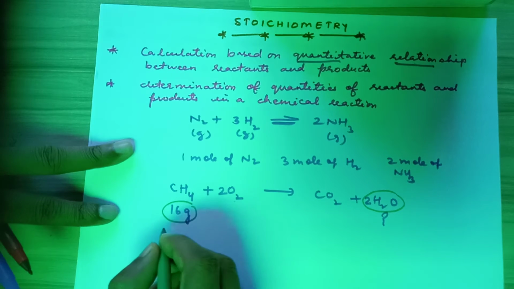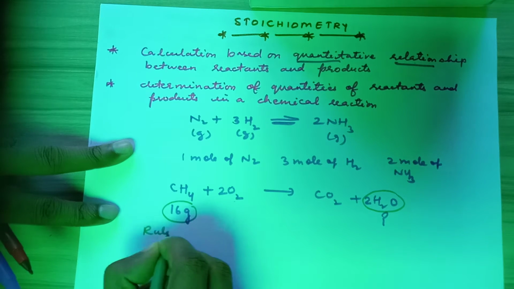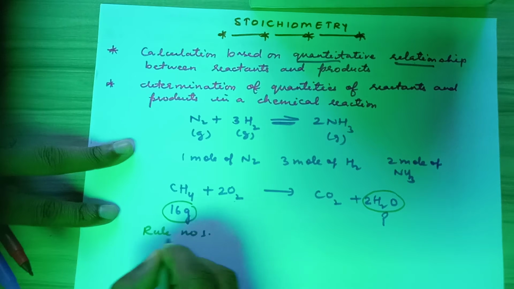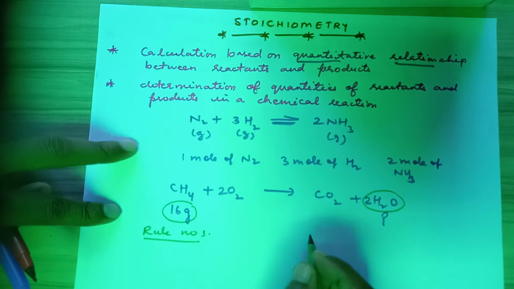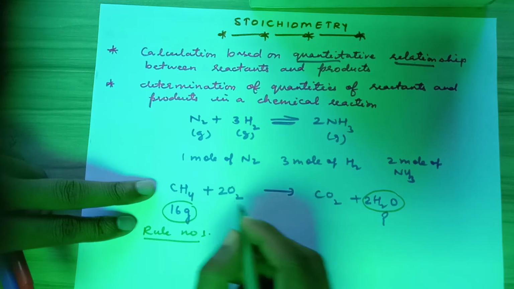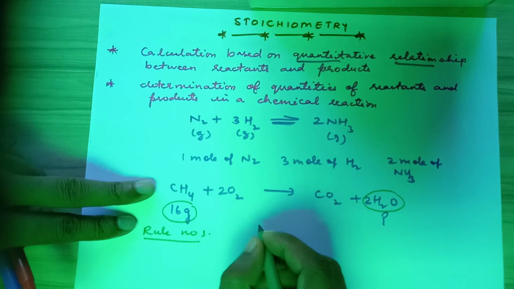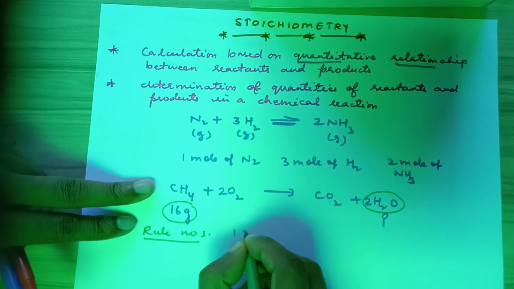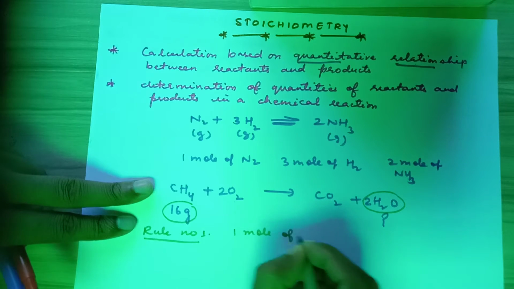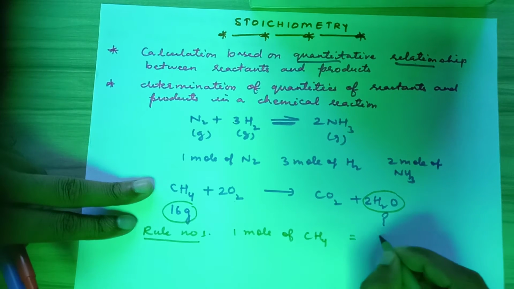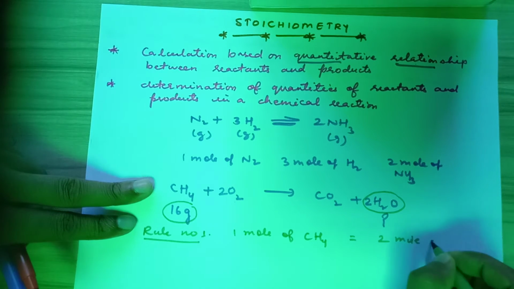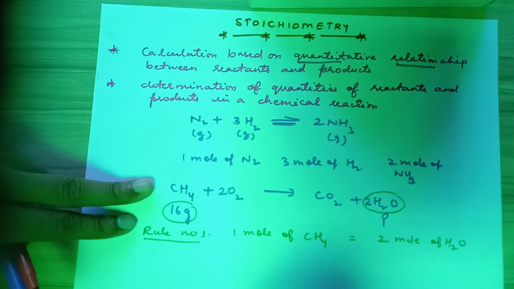So first, rule number 1, interpret the information. That is, 1 mole of CH4 gives 2 mole of H2O.